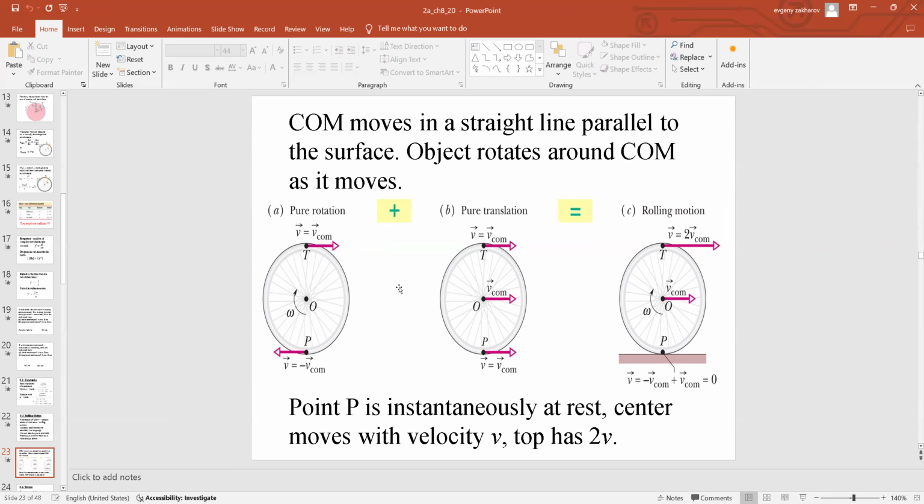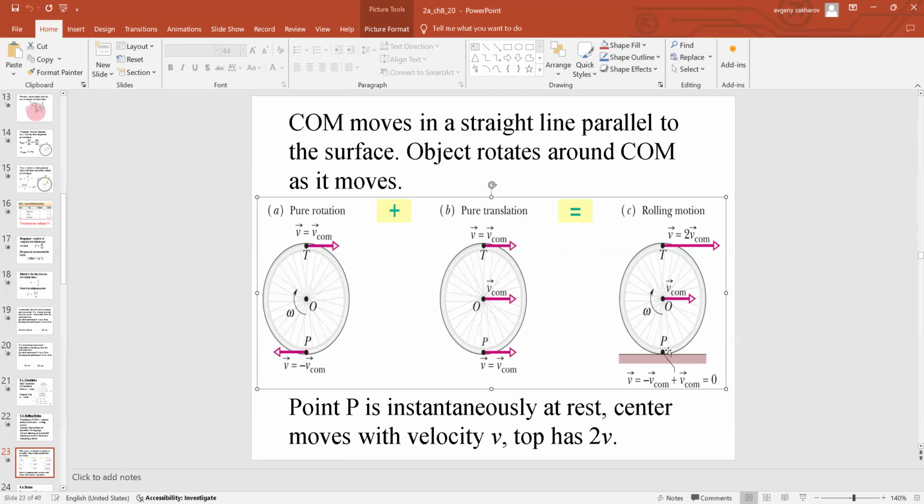So you have a combination of two types of motion. First of all, rotation with respect to a certain axis, and translational linear motion in a certain direction, when all the points on the bicycle move in a certain direction. You're going to add up those velocity vectors as vectors. And what do you see?